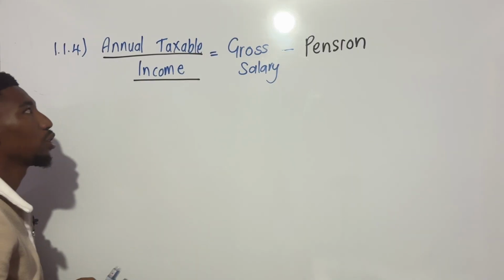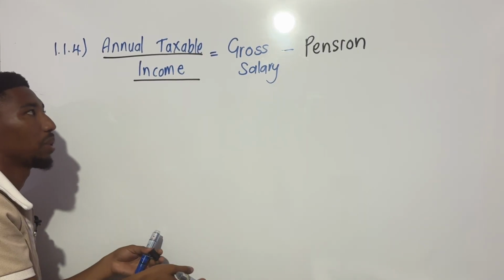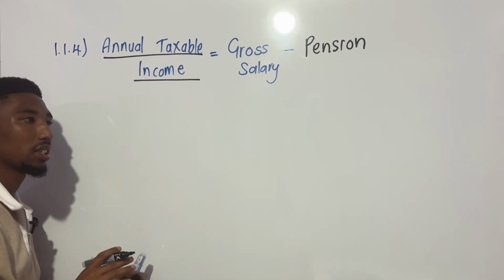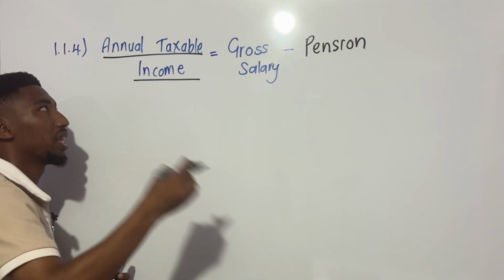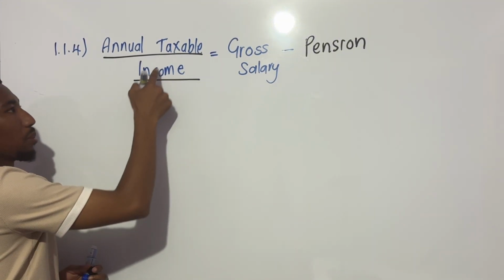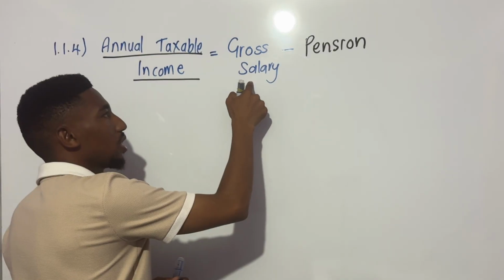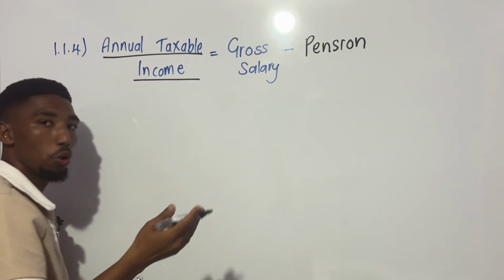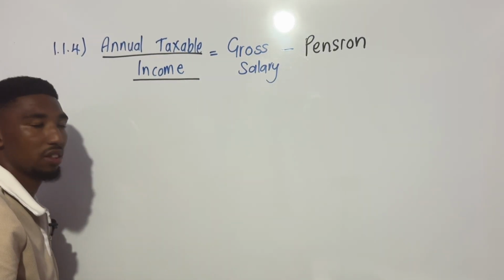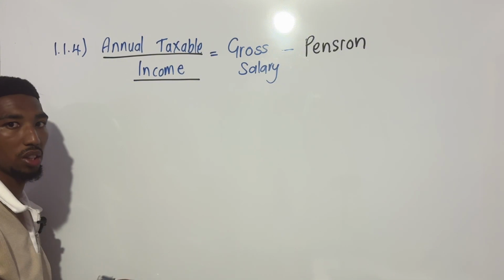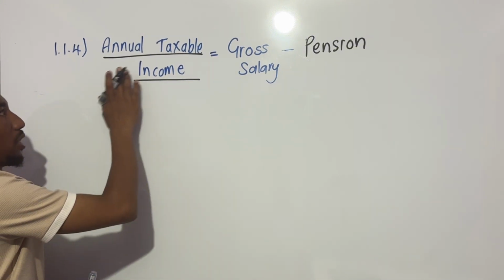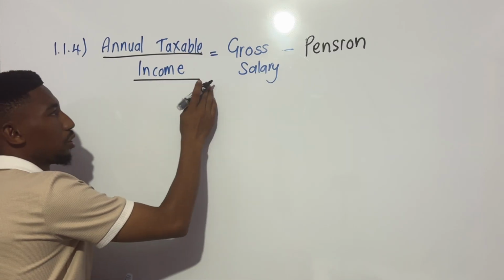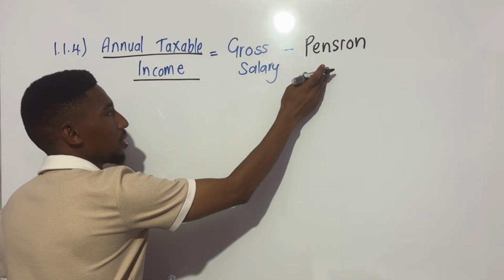We are first going to find the annual taxable income, then we use the tax brackets to find how much tax we pay. To find the annual taxable income, we take the gross salary and subtract the pension or the donations or the UIF. Then we can use that to calculate the tax payable.